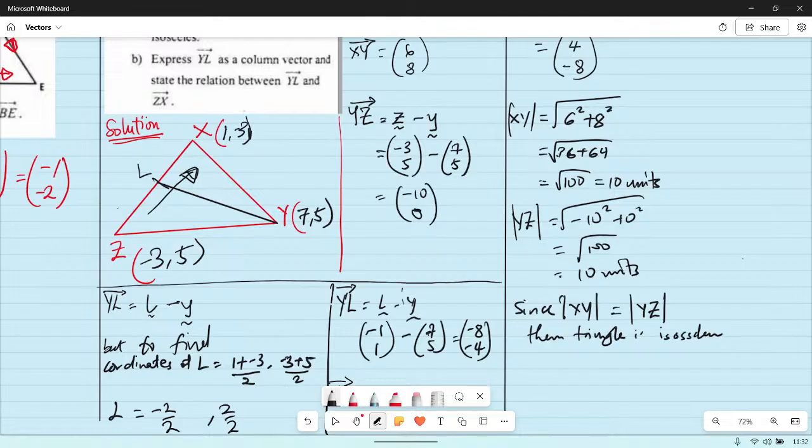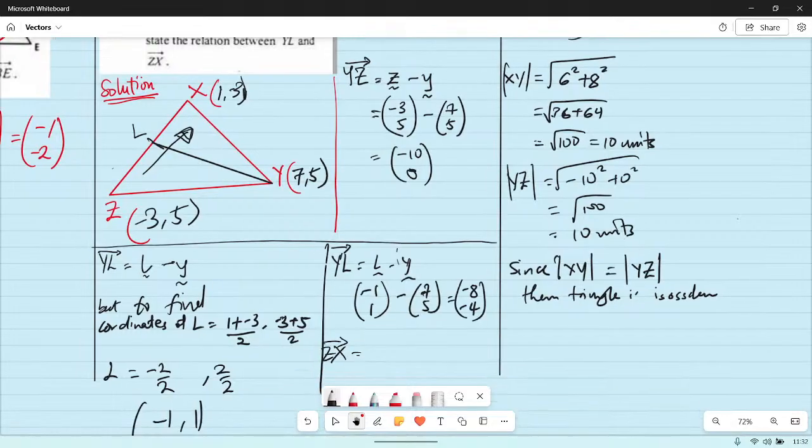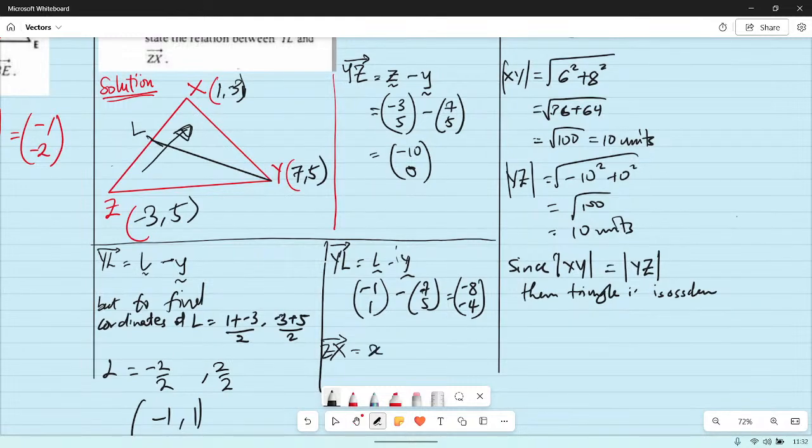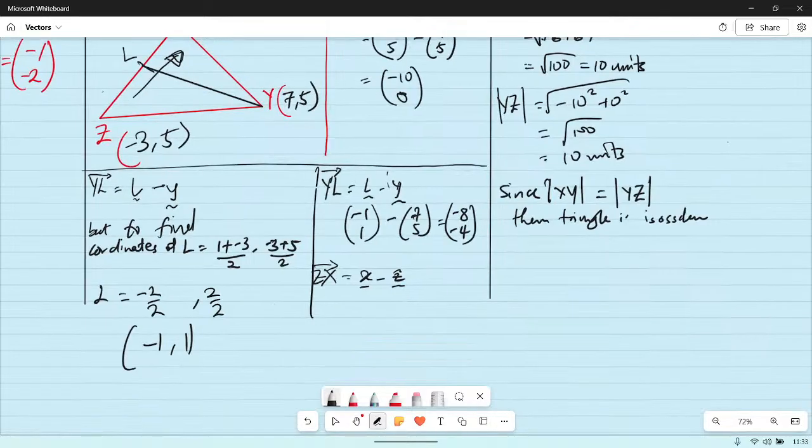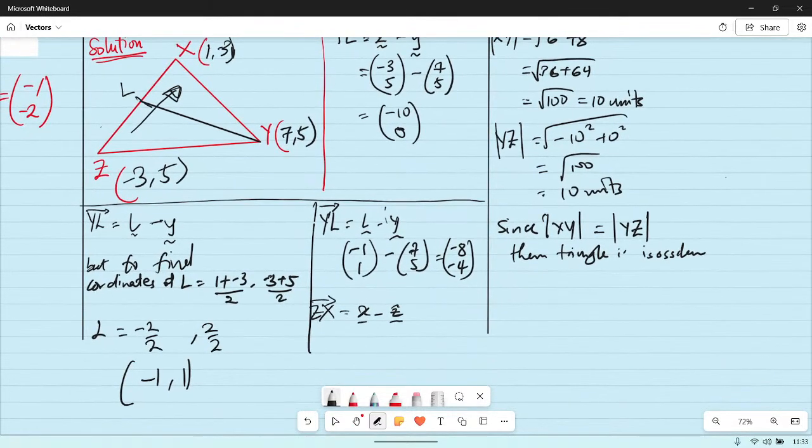Express YL as a column vector, that's what we've done. And state the relation between this and that. Now let's see. XZ is the same as X minus Z. It's a vector. So X is (1, negative 10) minus (negative 3, 2, 4), which gives (4, negative 8). Can you do that?